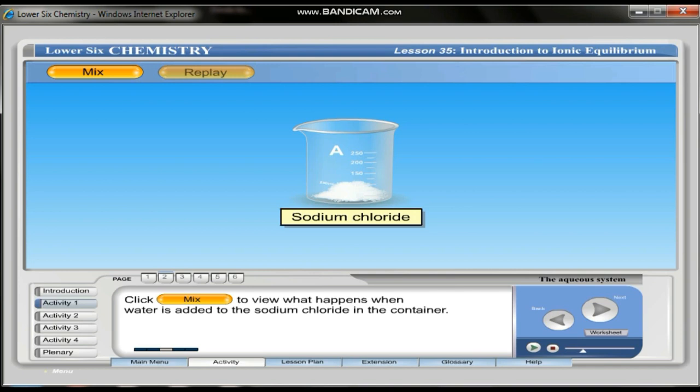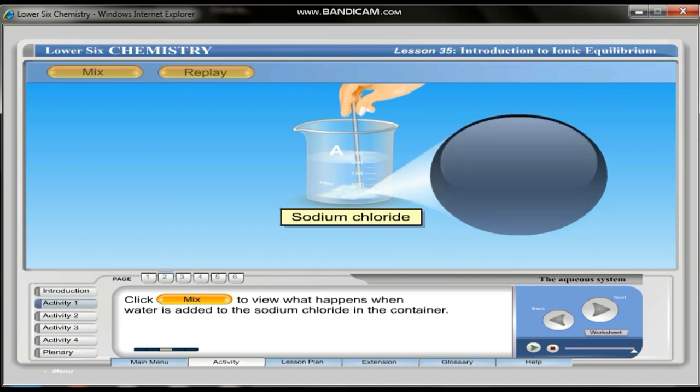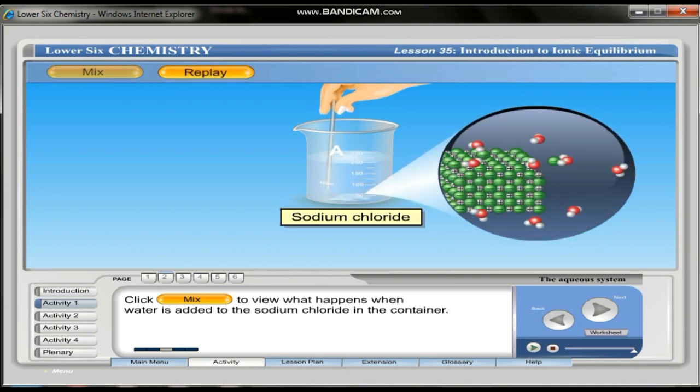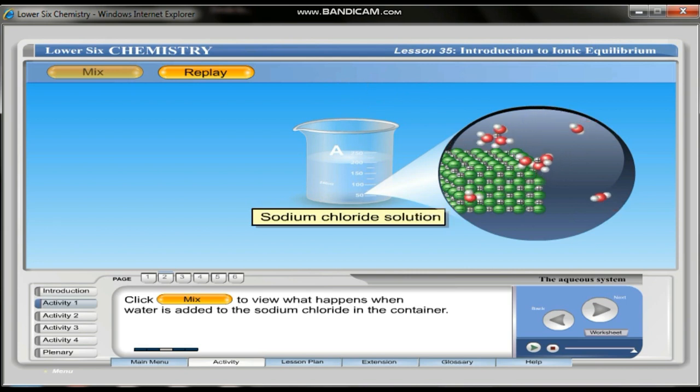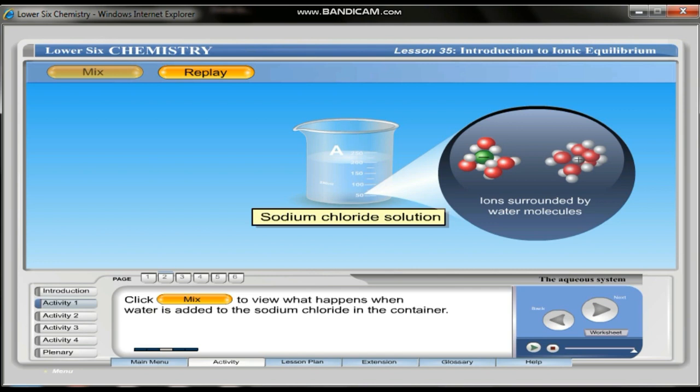Click the Mix button to view what happens when water is added to the sodium chloride in the container. A solution is now formed.